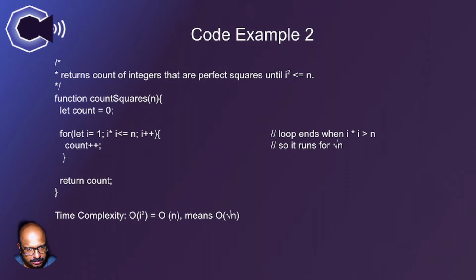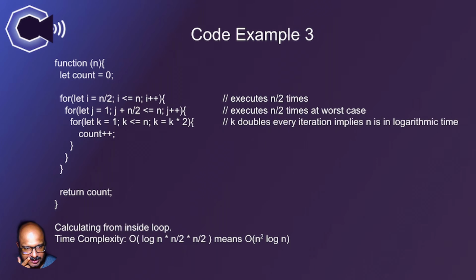Now moving on to code example 3, we have a function and we have a nested loop. For nested loops, we have seen that we should start from the innermost loop. The innermost loop will execute until k is greater than n.